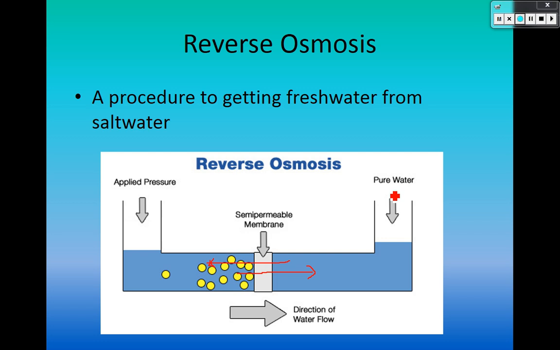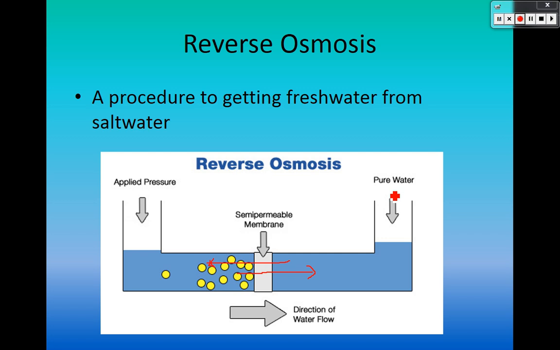However, the cons of this is it takes a lot of energy, and it takes more and more energy the more and more you do it, and you end up with this concentrated brine that can pollute your environment. And so, going back to there are no perfect solutions, how are you going to get drinking water for a bunch of people who need it, and what are the trade-offs going to be?